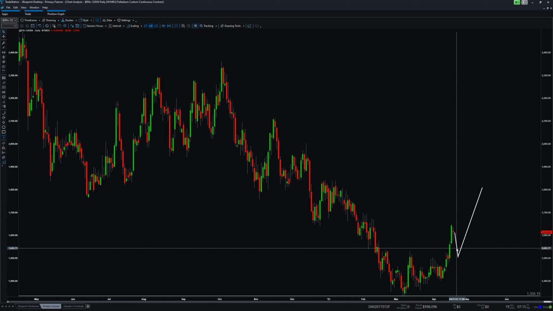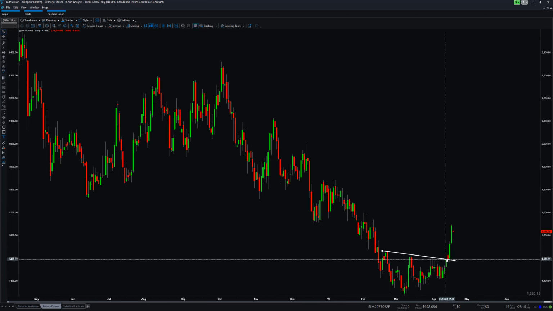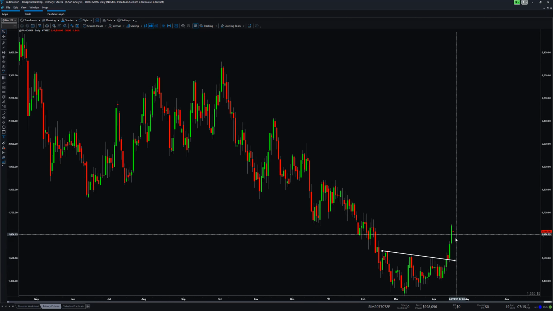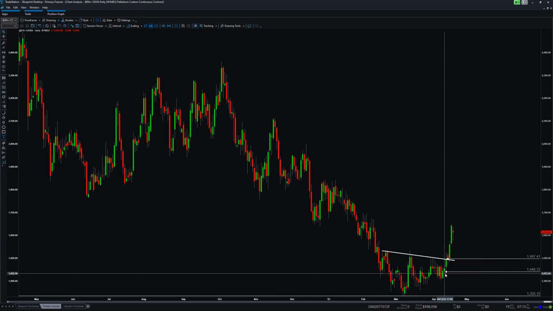Then you could also say, well, what we also talked about was, there's this neckline. If this neckline is going to get broken, then you trade the breakout. Then the question is just, okay, where do I put my stop loss? Do I put it here, or do I just use maybe a few candles to the left here?